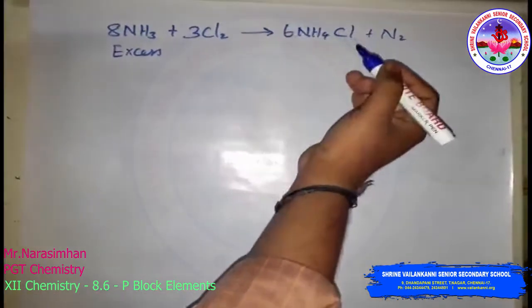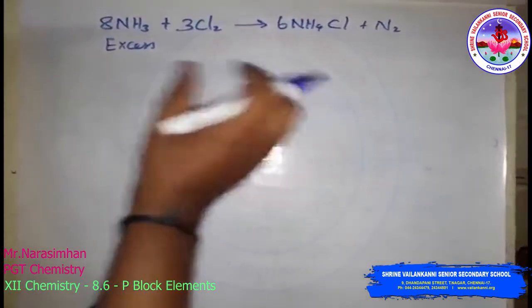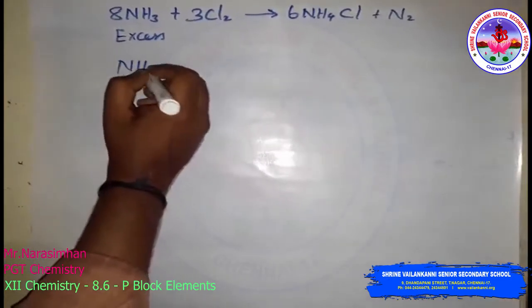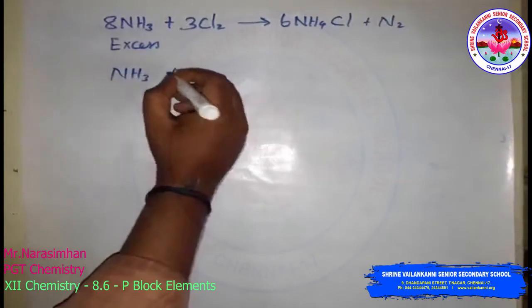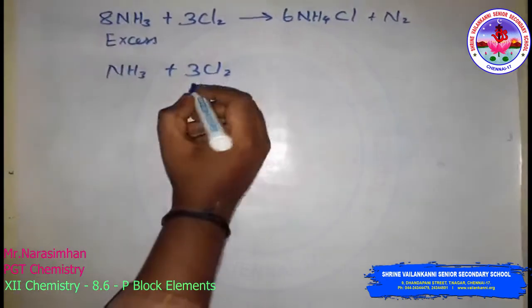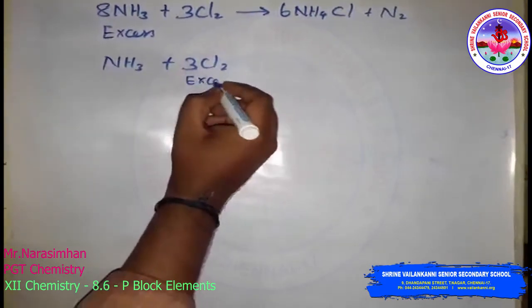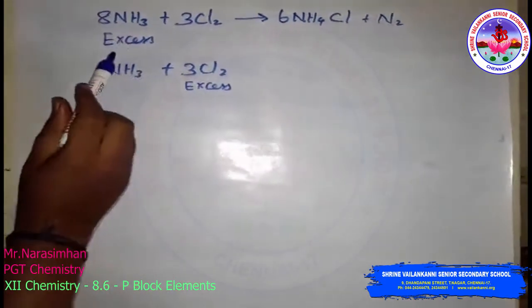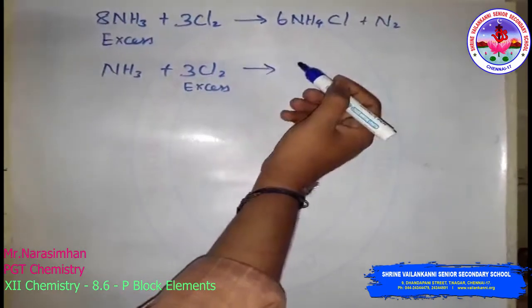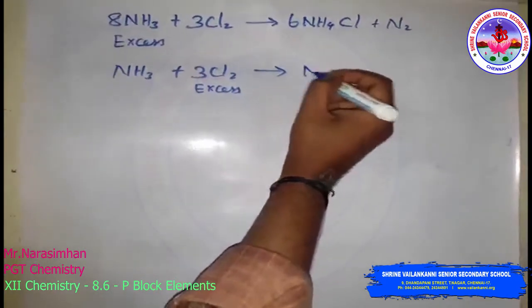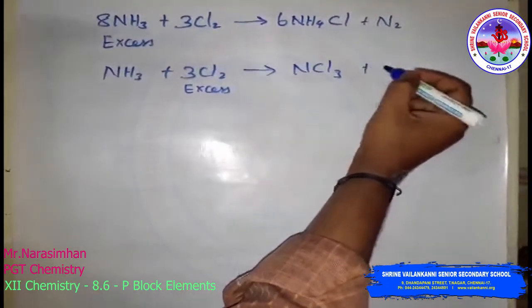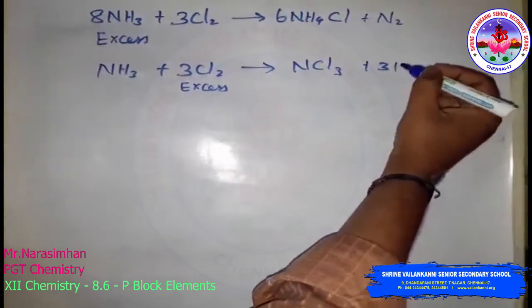When chlorine is in excess, it forms nitrogen trichloride and HCl.